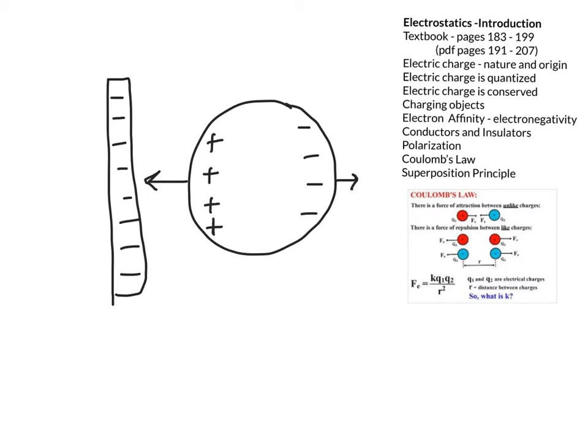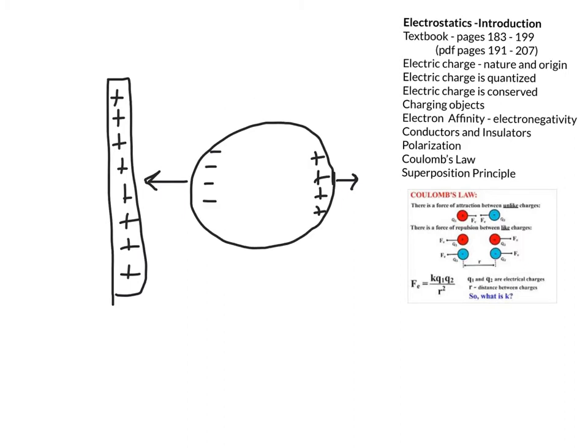And if we were to change the rod so that it were positively charged, we take the glass rod so it's positively charged, what would the difference be? Pause the video and explain to yourself. Hopefully you got it right. Now the free electrons attract toward the rod, so they come to the near side.